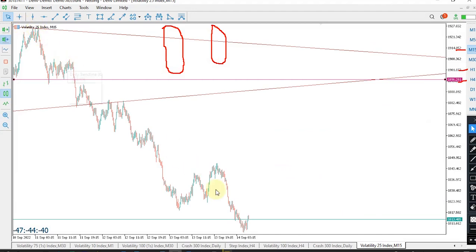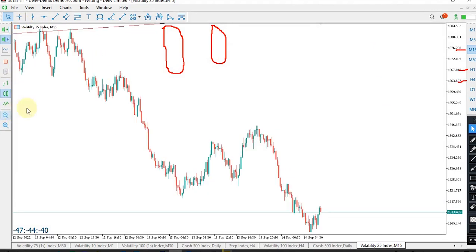And look at that. Up to now, we're still moving in a nice downtrend. So now this is a peak. This is a peak.